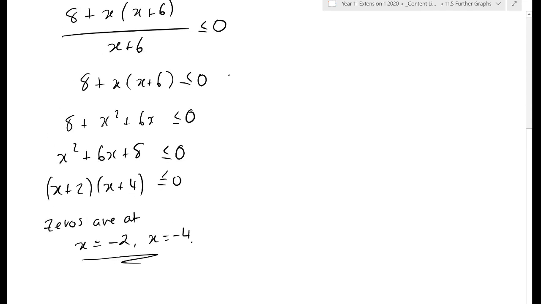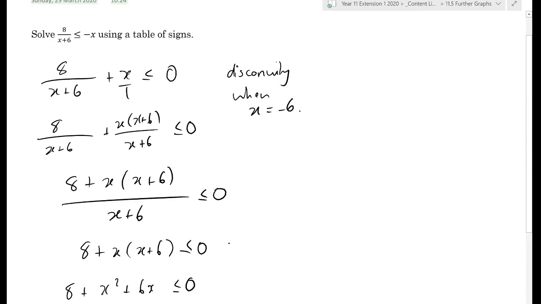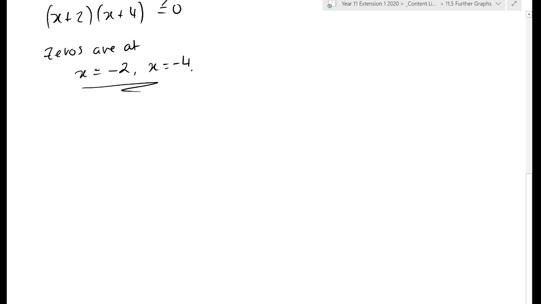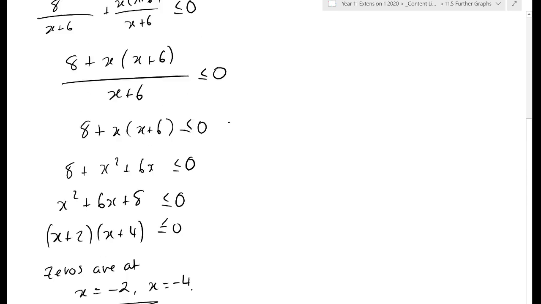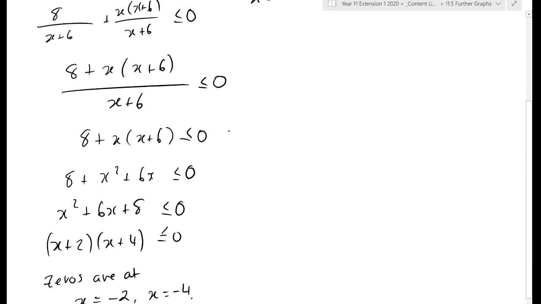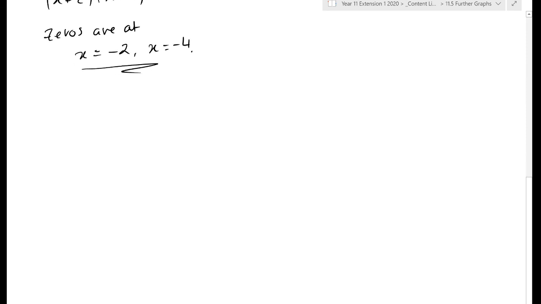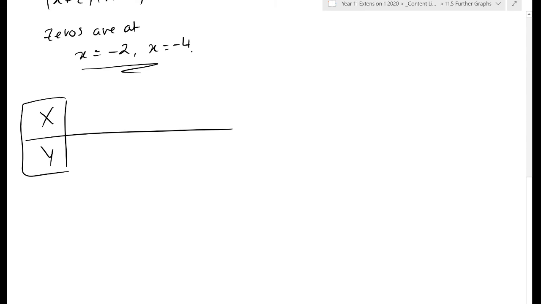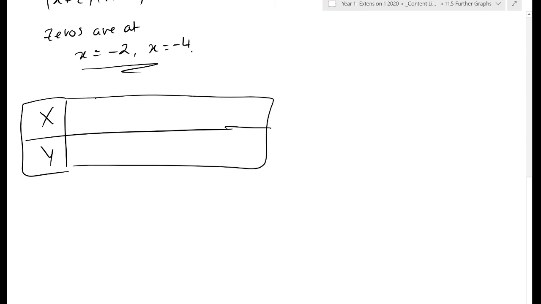Okay, so now I can do my table of signs. I need to use negative 2 and negative 4, but I also need to use this negative 6 where this discontinuity was. So, table of signs, and I'm going to need 8 in total.